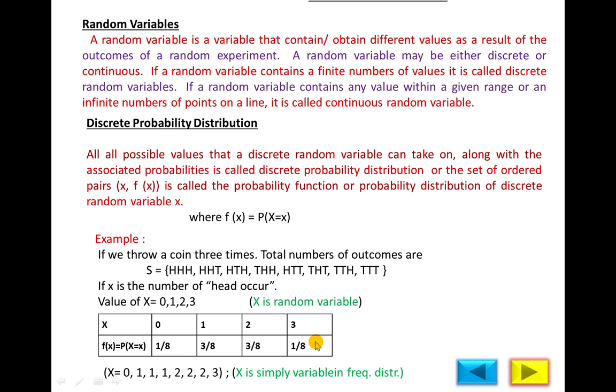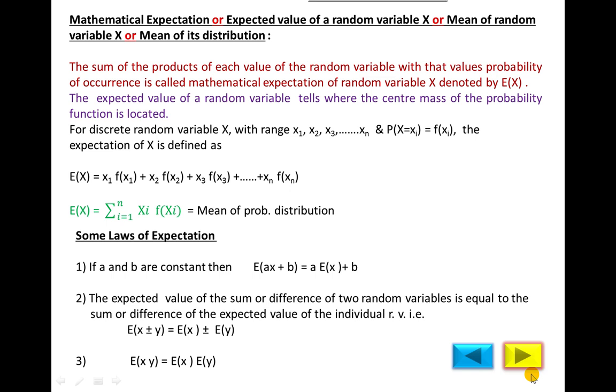You know that in a frequency distribution we use the value of x and the corresponding frequencies for the mean, mode and standard deviation. Similarly, in a probability distribution, for the mean we will use the value of x with the corresponding probabilities, not frequencies. So this is our next topic: find the mean, median, standard deviation or mode of the probability distribution. The topic is called mathematical expectation.